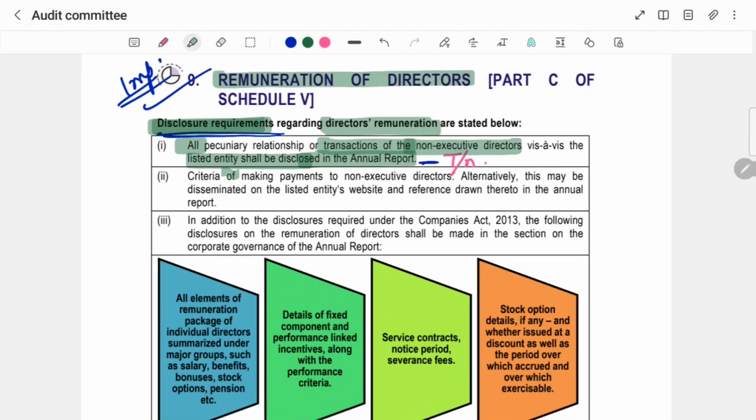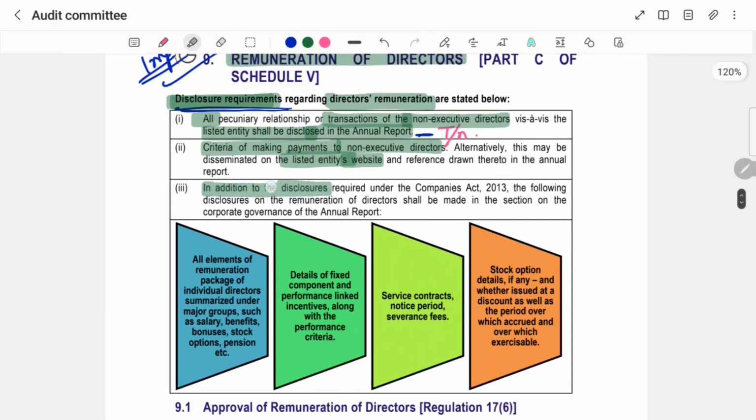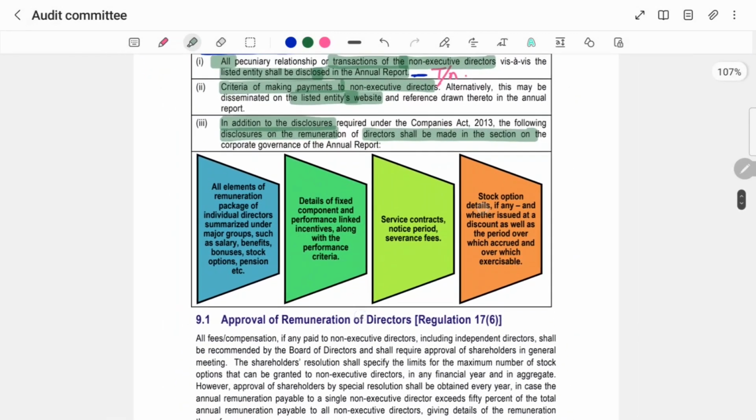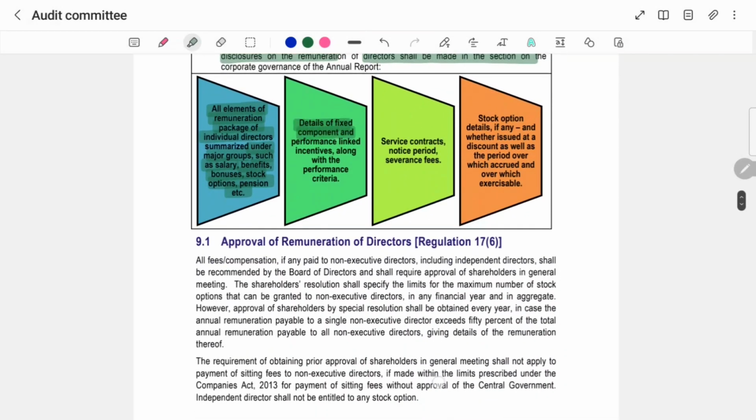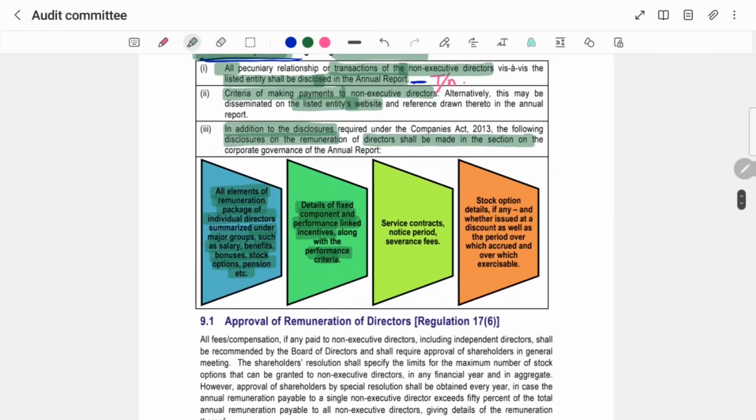Then the second point is related to criteria of making payments to NED, and it can be displayed alternatively on the website also. Then in addition, the following disclosures on remuneration shall be made. Elements of remuneration package under major groups such as salary and benefits. Then details of fixed components and performance linked incentives with the performance criteria. Then service contracts, notice period, stock option details. So these are very easy.